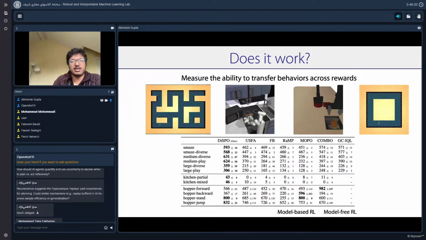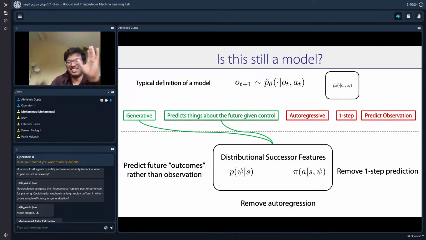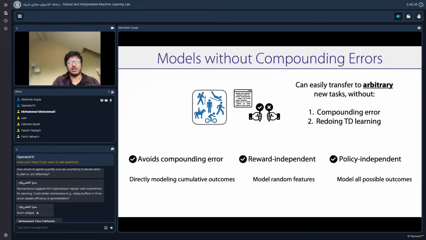Okay, so kind of complicated, but the key insight to take is basically this. You're redefining what a model is. You're predicting long-term futures in the environment, or maybe this is actually the easiest way to think about it: you're predicting long-term futures in the environment which are reward independent and policy independent. That's it. Right?